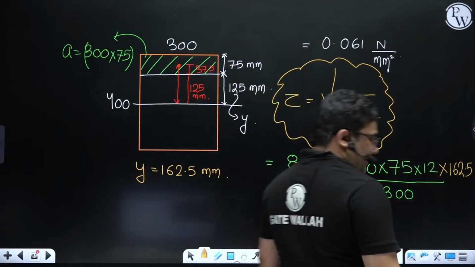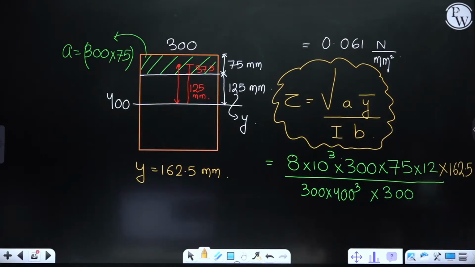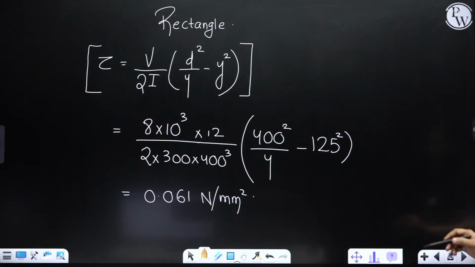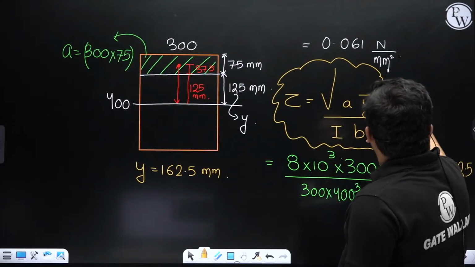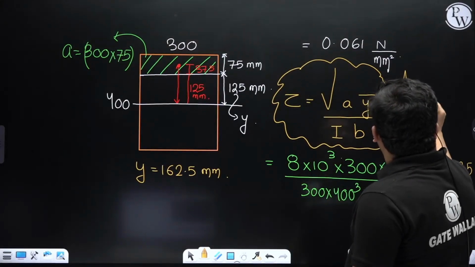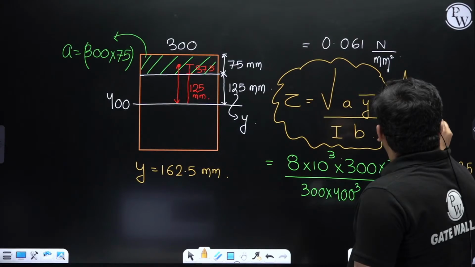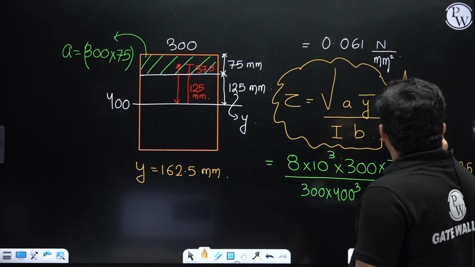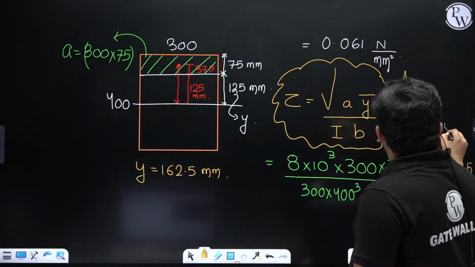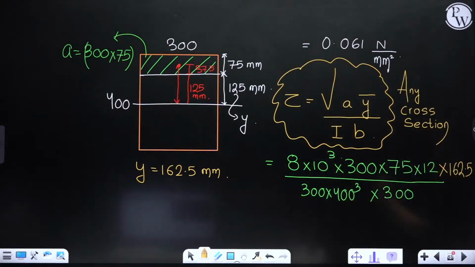It is more easier to remember, and there is no requirement to remember additional equations, because this one is applicable for rectangle only, but the general equation is applicable for any cross section.